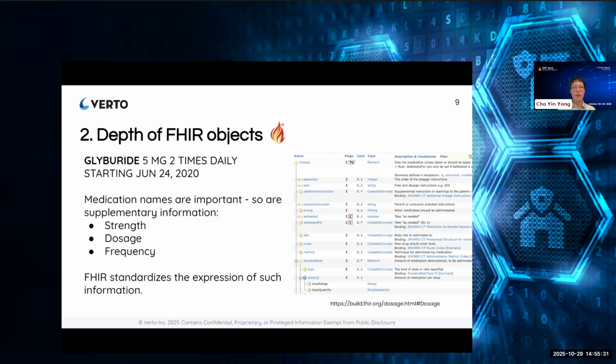But on top of medication names, supplementary information such as strength, dosage, and frequency is also very important. And in fact, FHIR has standardized the expressions of such information. They have a standard definition for strength, standard definitions for what should be kept track of in dosage, and also frequency. Again, clearly labeled, and on the right side, there's an example picture.